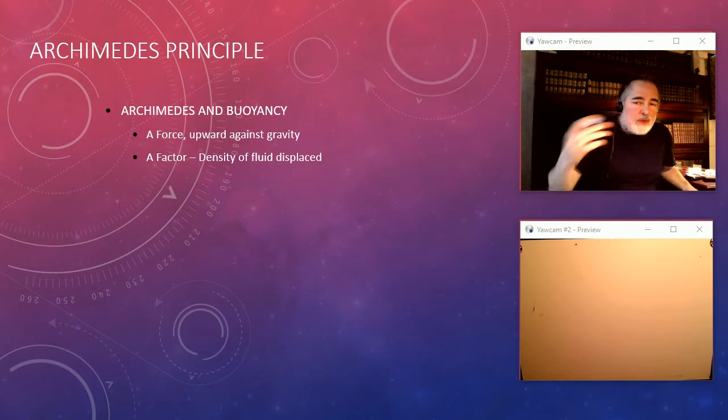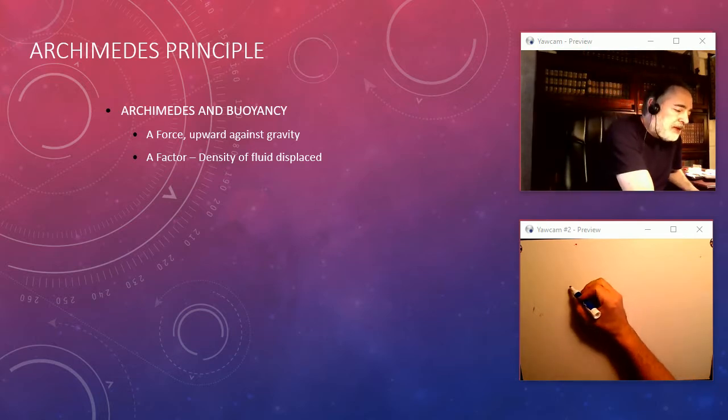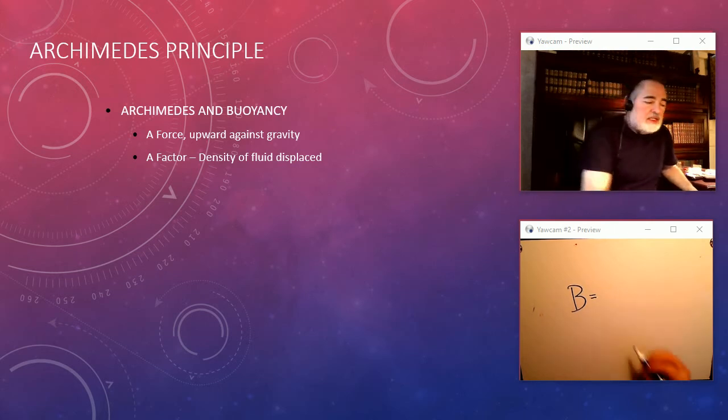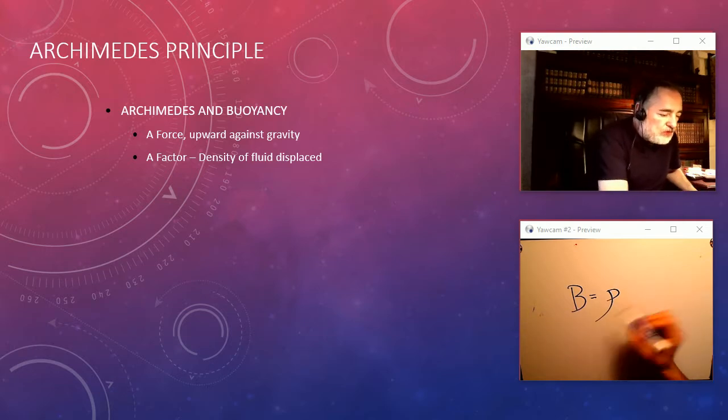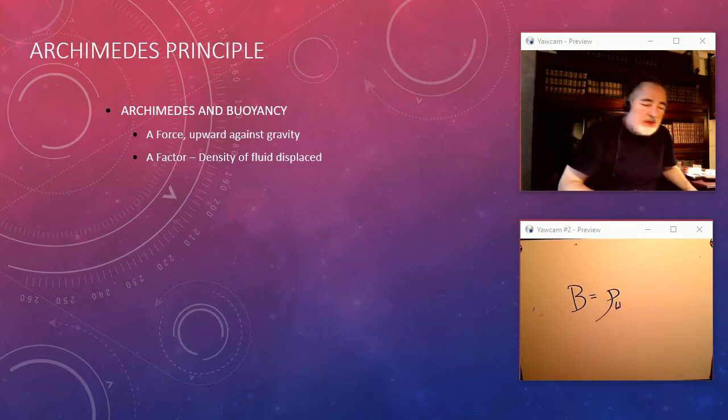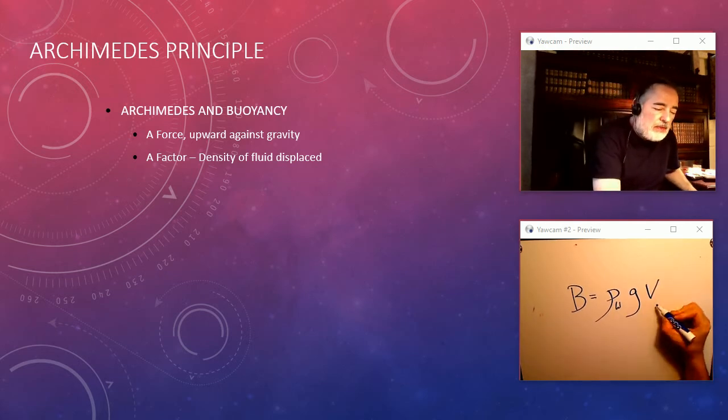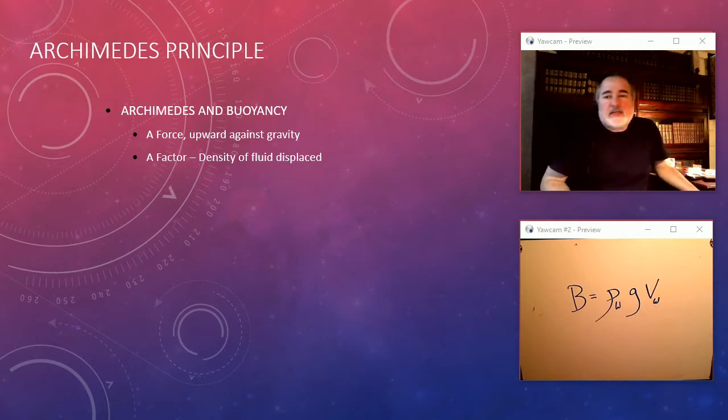If I go into a bathtub, the water is going to rise, be displaced by my volume. But the buoyant force is going to be the density, not of me, but the water, times gravity, times the volume of the water displaced. Not me. So it has to deal with the density of the water and the volume of the water displaced.